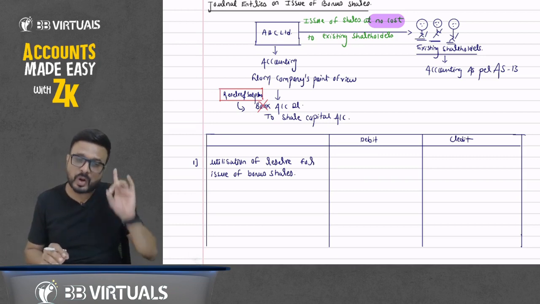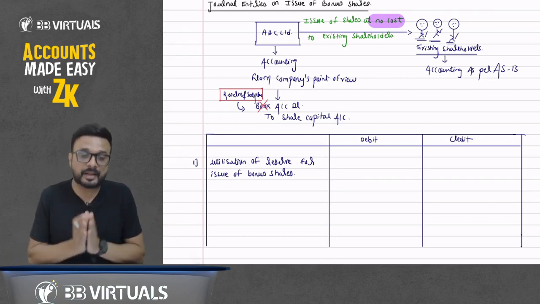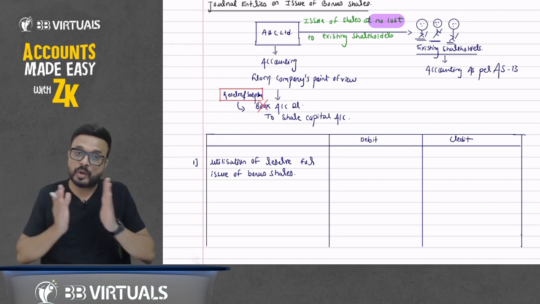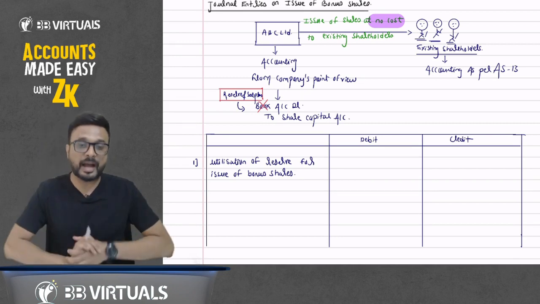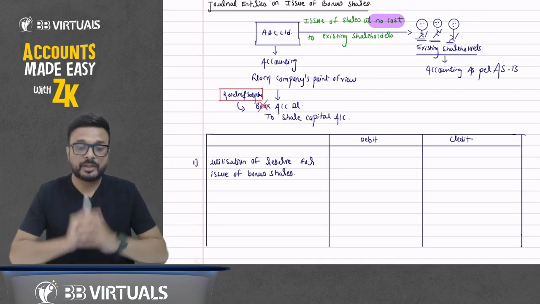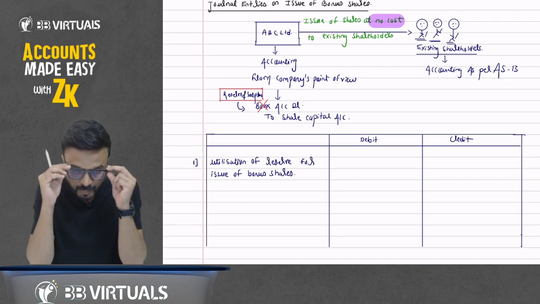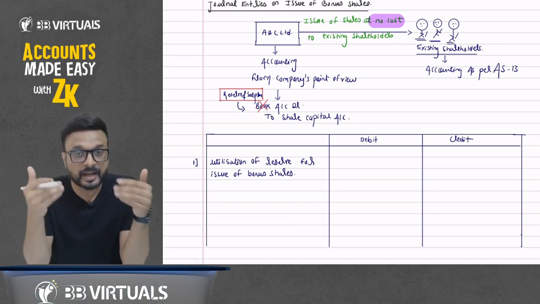If the company has a CRR account, it can be utilized only and only for the purpose of bonus issue. You have transferred from free reserve to the CRR account at the time of buyback of shares out of profit. Now you can utilize that CRR account here.